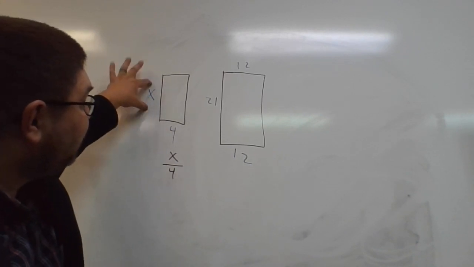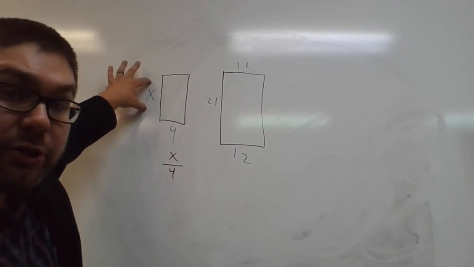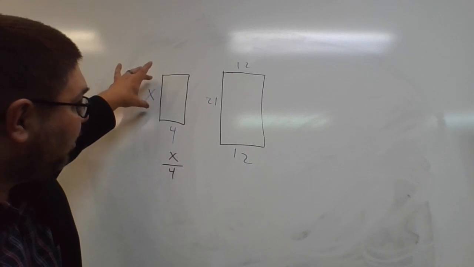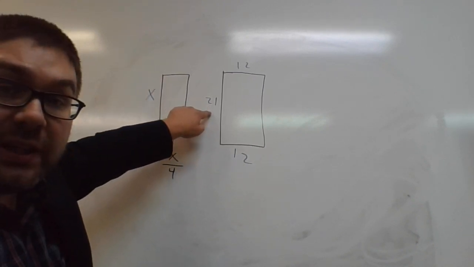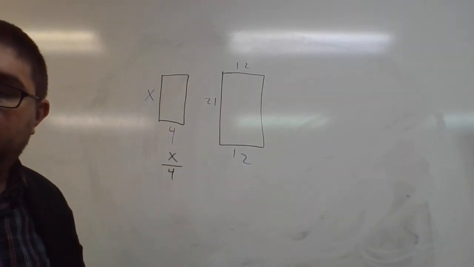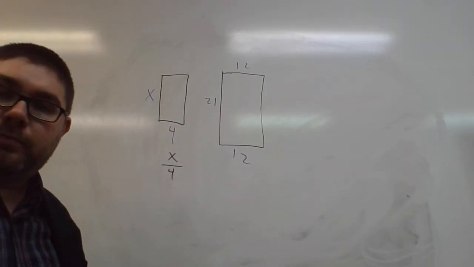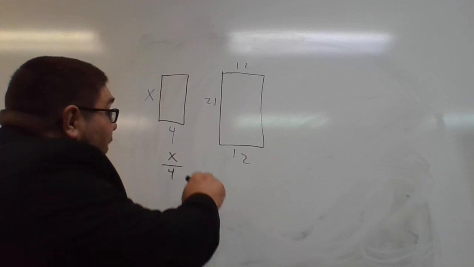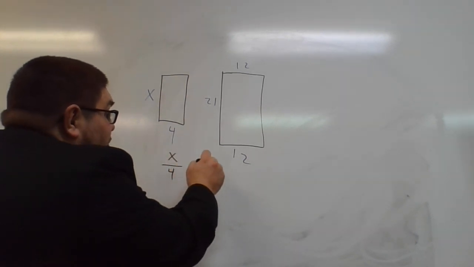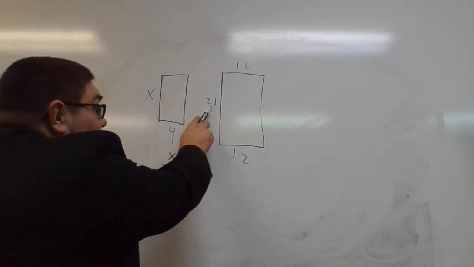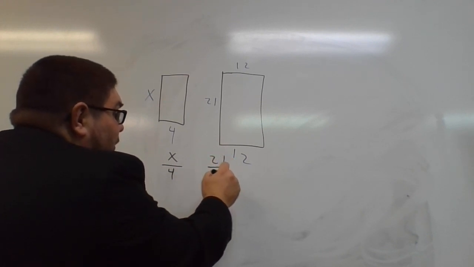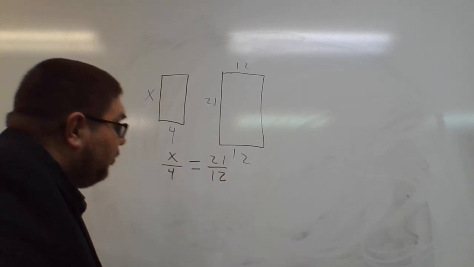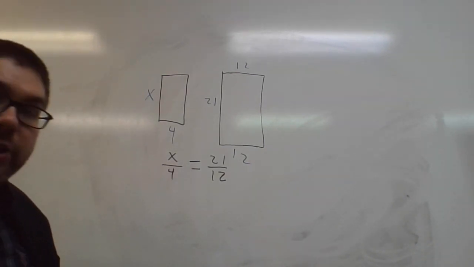If I put the side measurement on top in my first fraction, I better do the same in my second fraction. So on the second fraction, I'm going to put the side measurement of 21 over 12 and make them equal to each other.